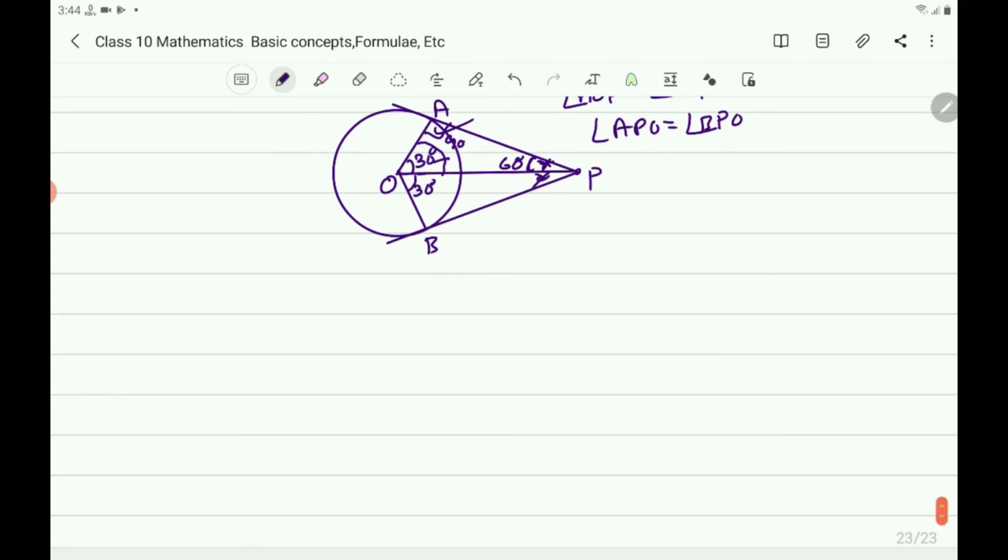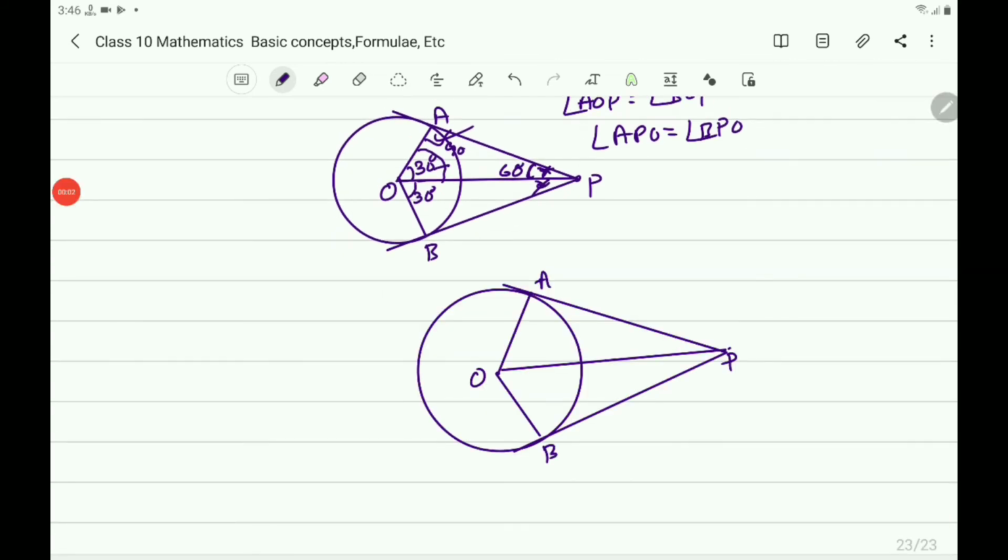So it is very simple. For example, the angle AOP equals 70 degree. What is the measurement of this angle? Directly you subtract this 70 degree from 90, you will get 20 degree. Or if this angle is given, you will get again 20 degree. So they are the equal angles. Or one more thing that you can observe here: the sum of these two angles is equal to how much? 180 degree.